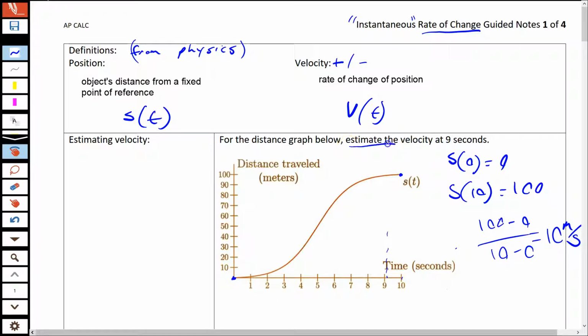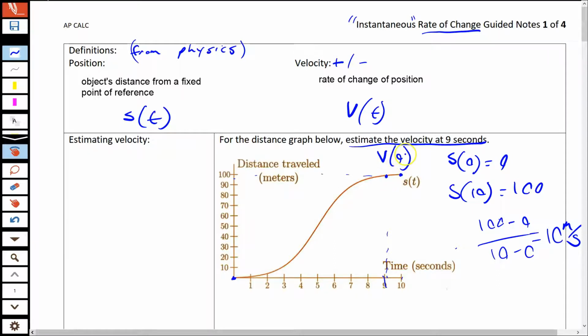This is asking you to estimate the velocity at 9 seconds. So that point, we have 9 here. That point's up here, right? So what you should not have said is something like 95, because that would be position at 9 seconds. We want the velocity at 9 seconds. So we write this down as v of 9.